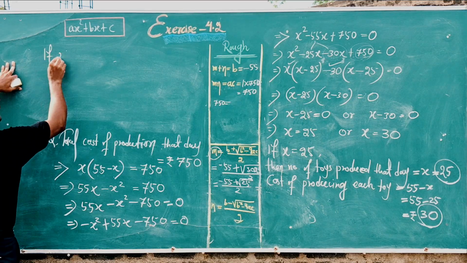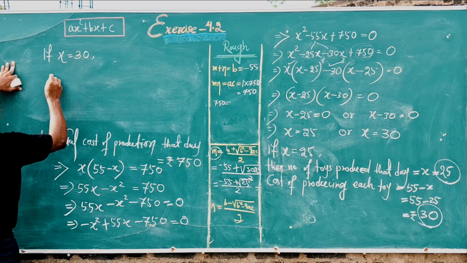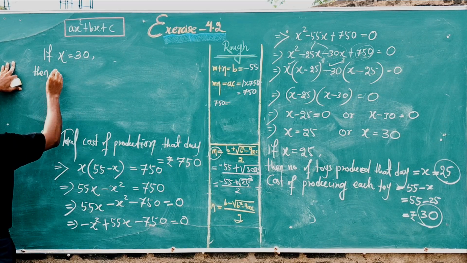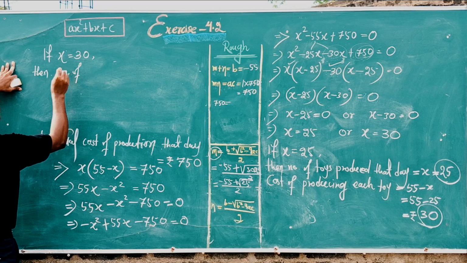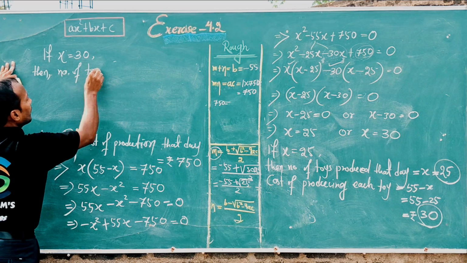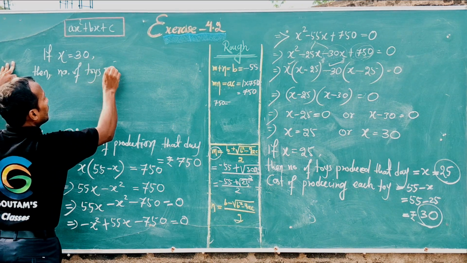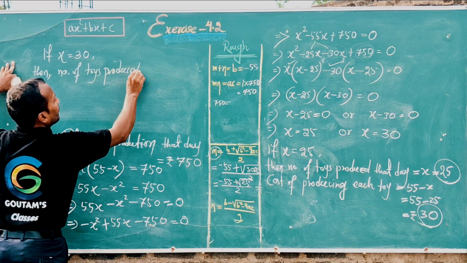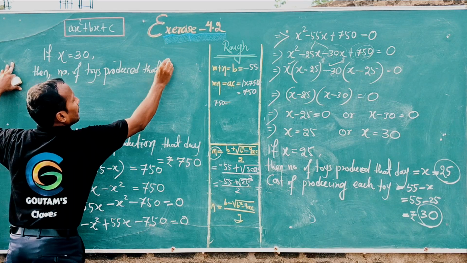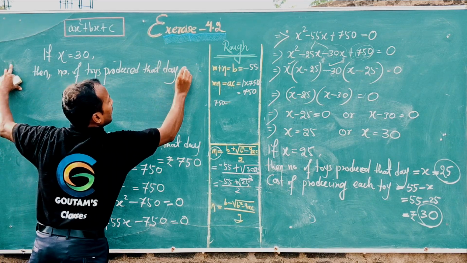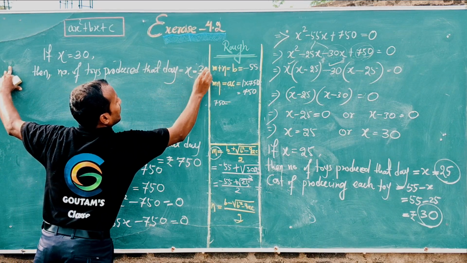If I take x is equal to 30, then number of toys produced that day is x, means 30.